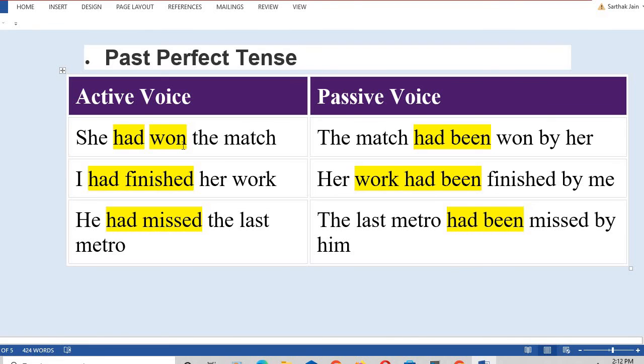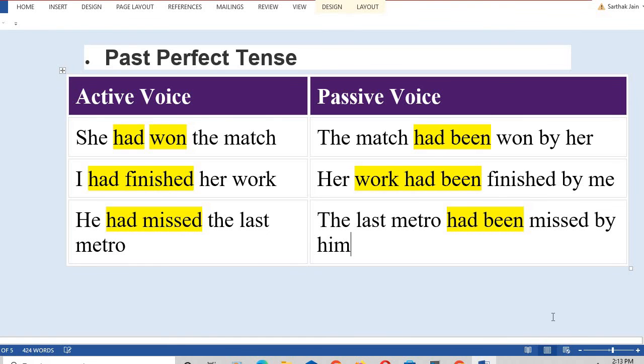There is no confusion at all in this tense. This is a very friendly tense. Usually you get mixed up in the usage of the helping verb according to the subject, but here there is no difference of the helping verb, whether it is first person, second person, third person, plural or singular. Only had will be used, which will be followed by been, and the rest of the structure is the same.